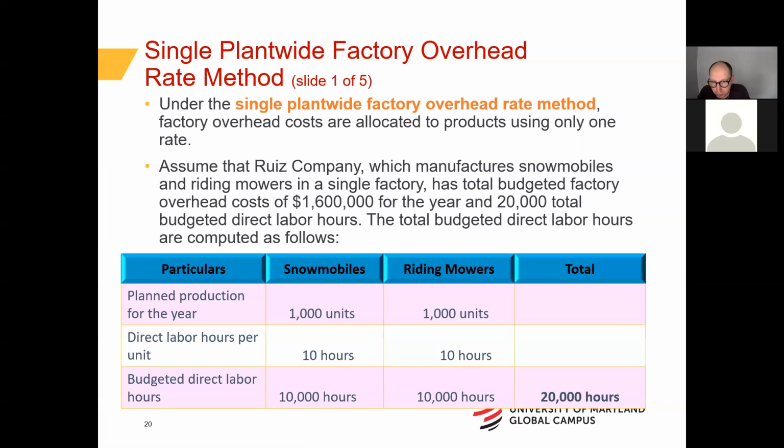We plan to build 1,000 snowmobiles and 1,000 riding lawnmowers during the year. We anticipate using 10 labor hours per unit, which means we have budgeted 10,000 total labor hours for the year for both snowmobiles and riding lawnmowers, for a total of 20,000 labor hours for the year.